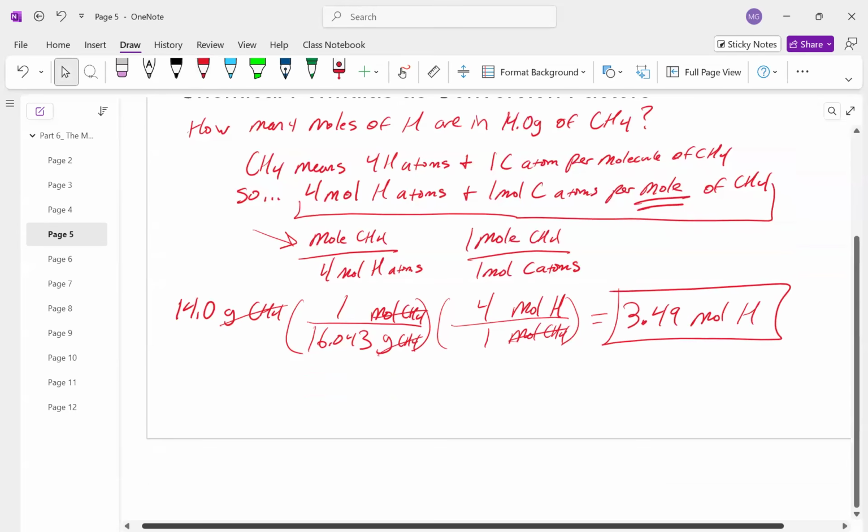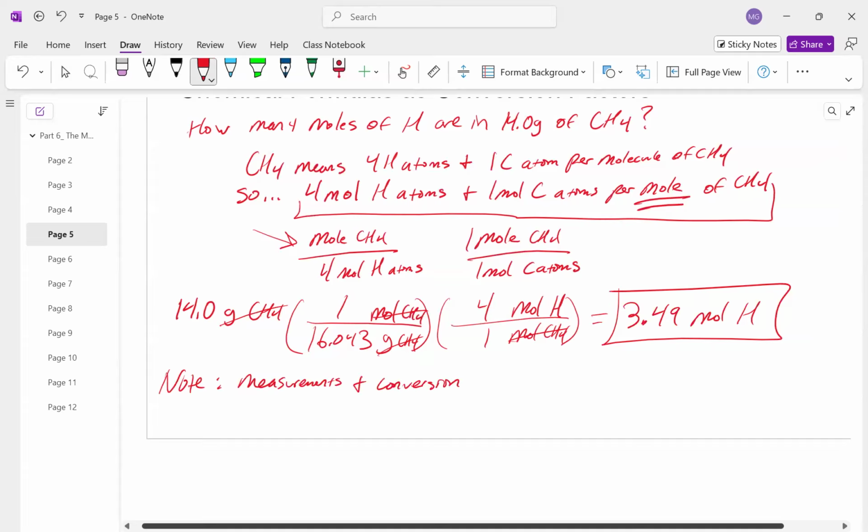Now, I'm going to take another side road here, and I want you to note something with all of these measurements, with all these conversion factors. In all these problems, both the measurements that you're given and the conversion factors you're using have 3 parts to them.